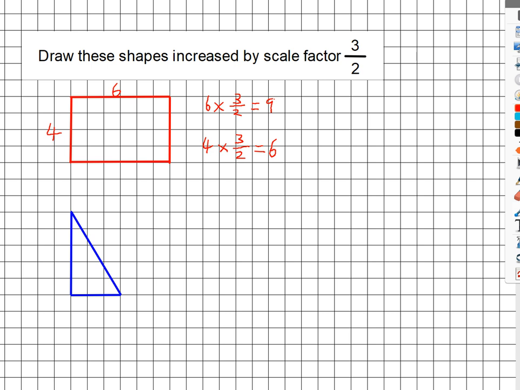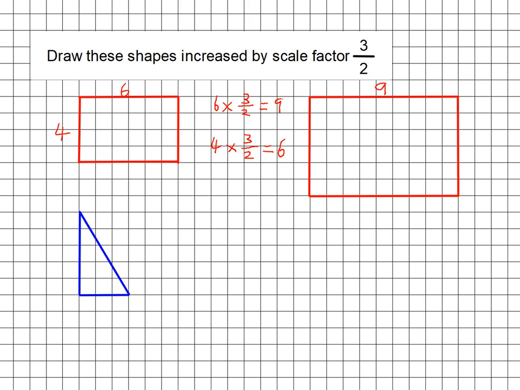So our lengths are going to be 9 and 6. 1, 2, 3, 4, 5, 6, 7, 8, 9, and 6: 1, 2, 3, 4, 5, 6. So we have a length of 9 and a height of 6.